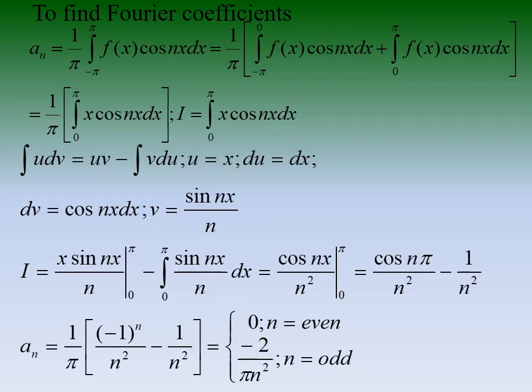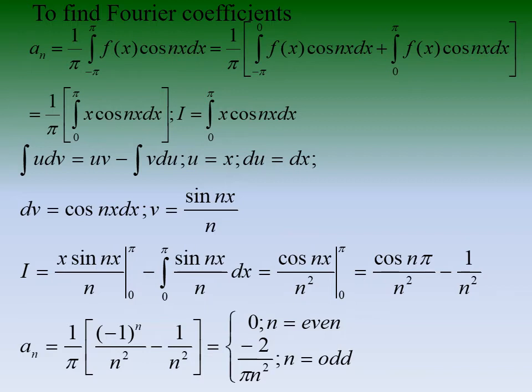If you integrate sin nx, it is minus cos nx, so it is cos nx by n squared, and substitute the limit 0 to pi. So it is equal to cos n pi divided by n squared. If you substitute 0, it is minus 1 by n squared. And we know cos n pi is equal to minus 1 whole power n.